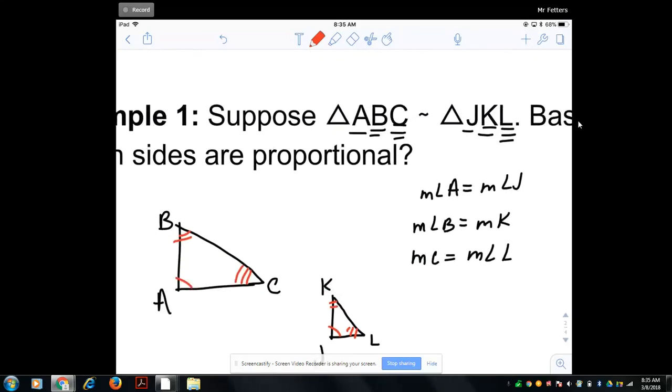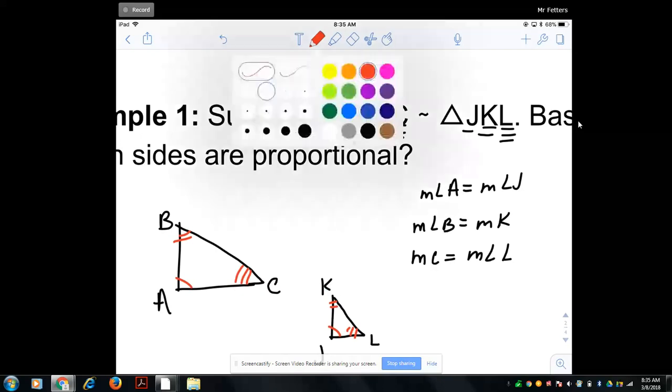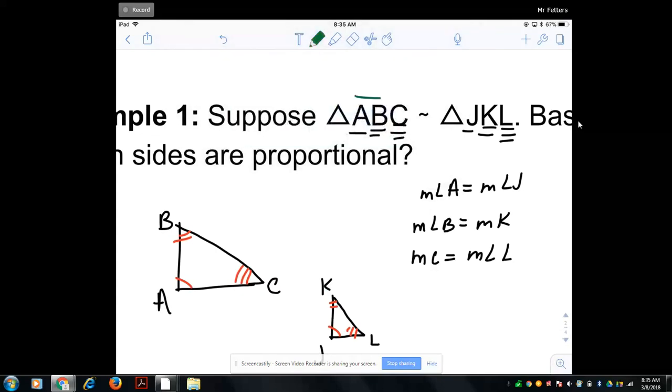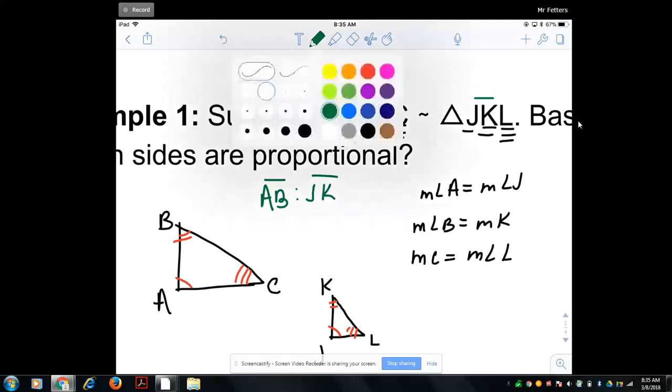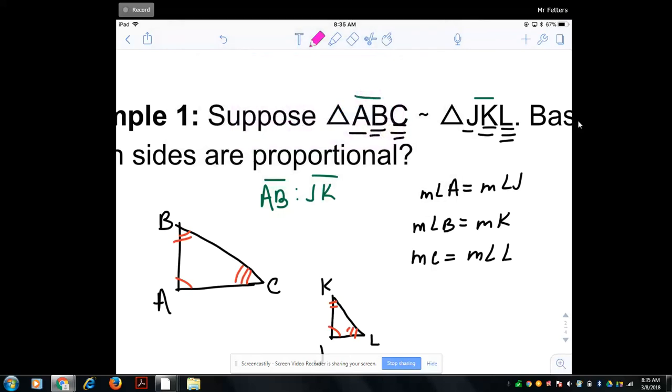And then if you notice, I can take this, even out of my similarity statement, I can look at my sides, AB and JK. AB and JK are in proportion, and that's the same proportion that you have for BC and KL. So I could say, I'm going to erase this over here just so I have more room.